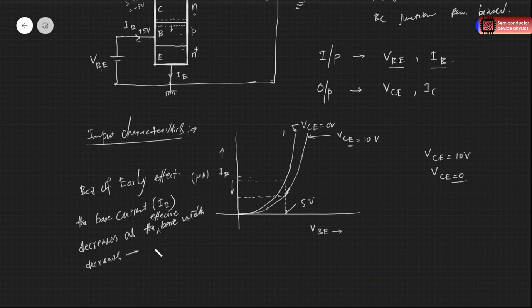And in turn, as the effective base width decreases, the recombination probability in the base decreases, so the overall IB also reduces as we increase VCE.